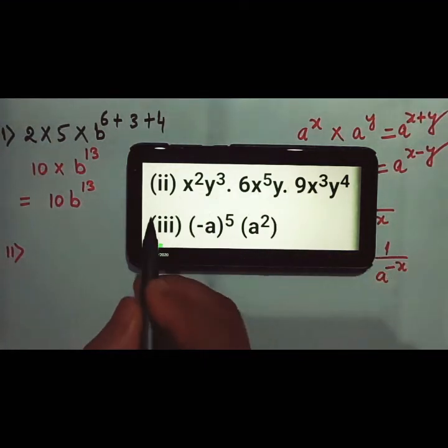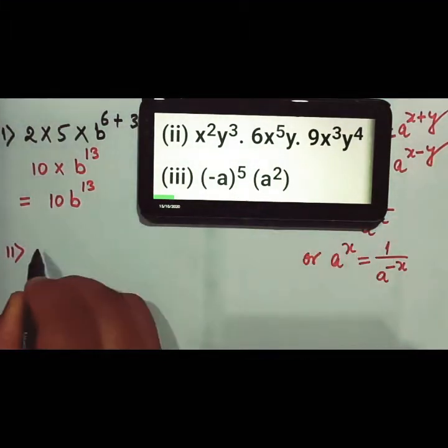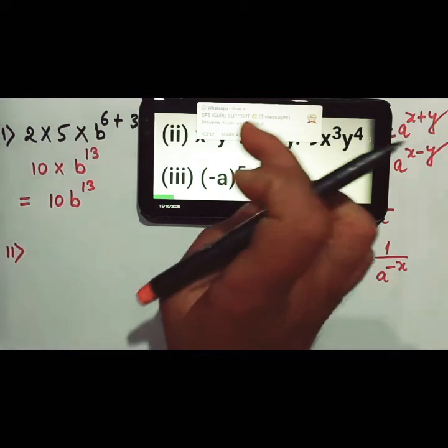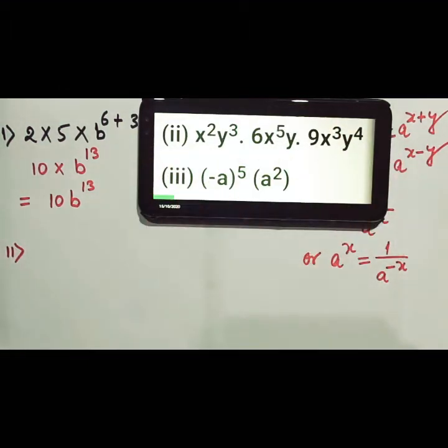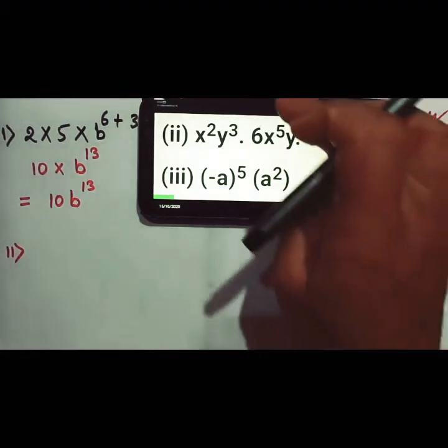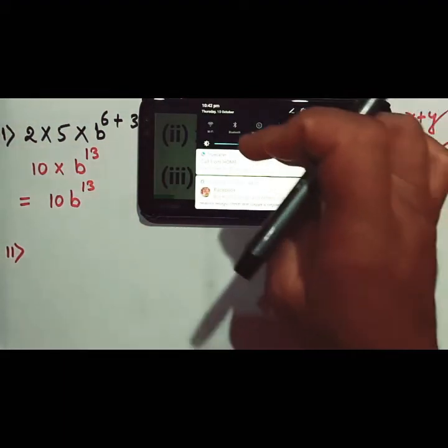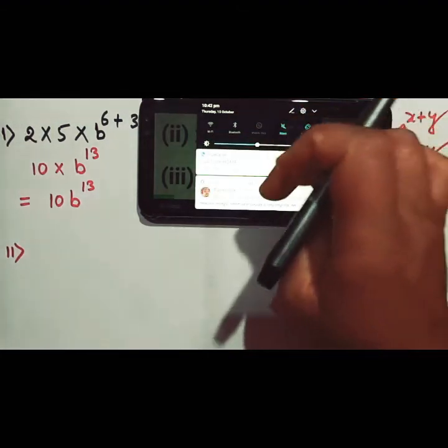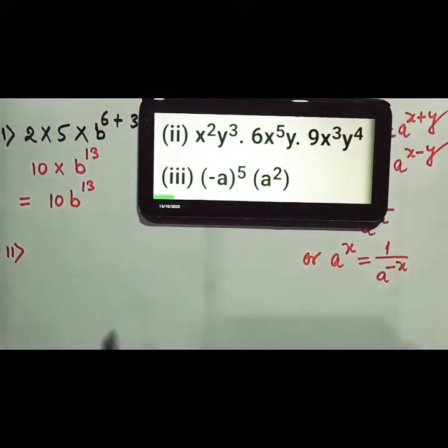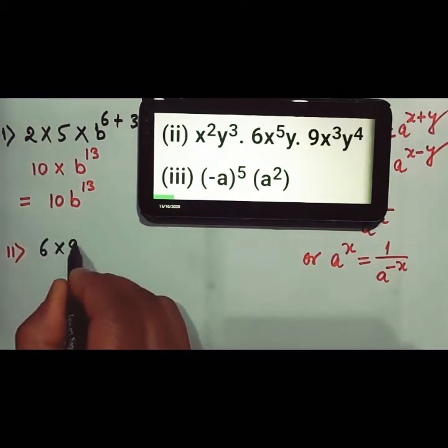After writing the question, we will multiply the numerical values: 6 into 9.